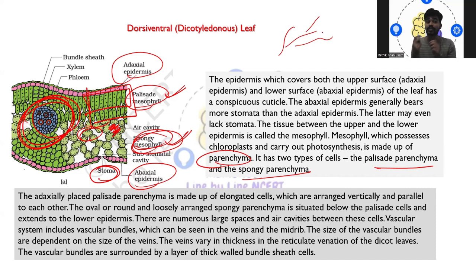The size of the vascular bundles also varies depending upon the size of the veins. These two things we need to understand. The vascular bundles are surrounded by a layer of thin walled bundle sheath cells. This is all about the dicot leaf.